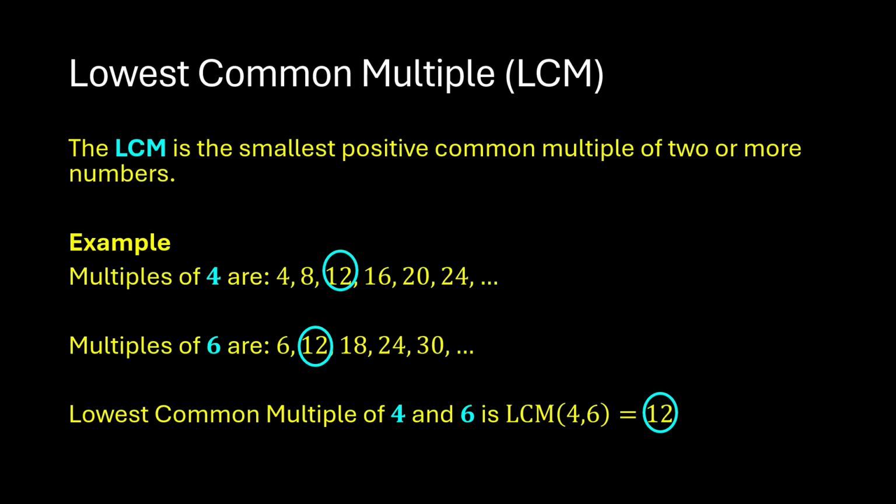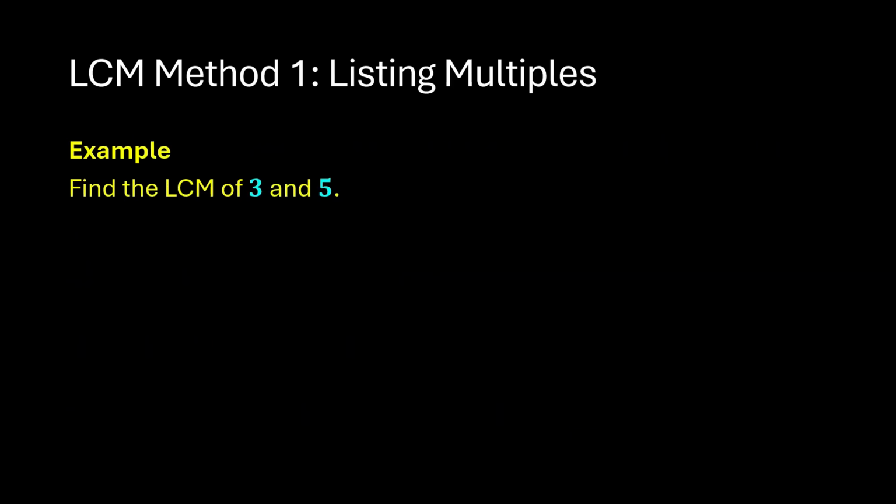Let's now find the lowest common multiple of 3 and 5. The first method we're going to use is to list the multiples of each number. We continue writing the multiples until we find the first number that appears in both lists. So let's take a look.